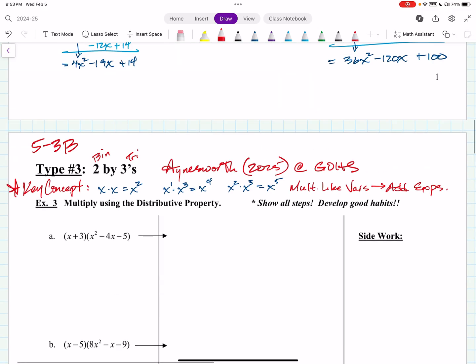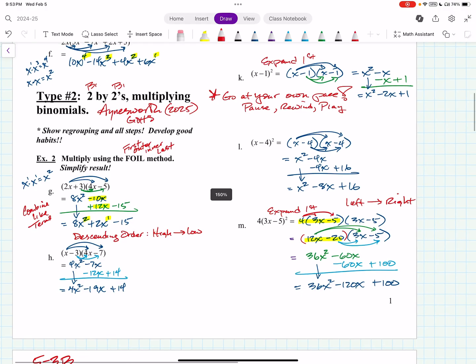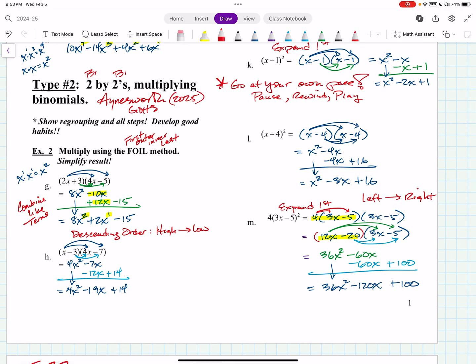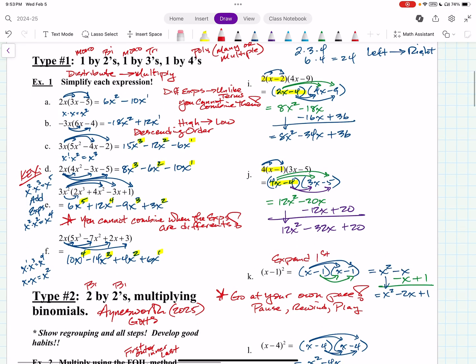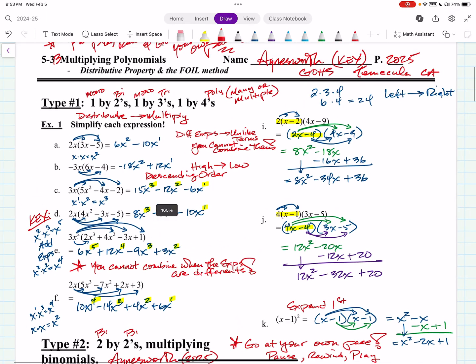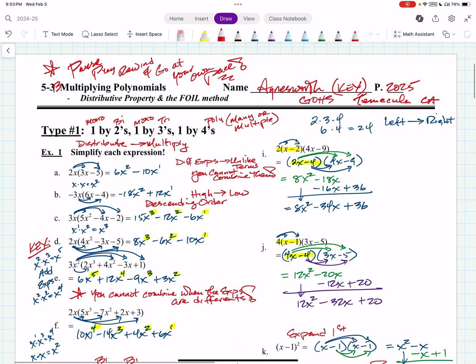And again, going back to the previous videos, in type 2 we talked about how to multiply binomials, okay? And in type 1, in the first video, I talked about how to multiply monomials times other polynomials. So I call them 1 by 2s or 1 by 3s or 1 by 4s. It's just simple distributive property relying on one key concept.